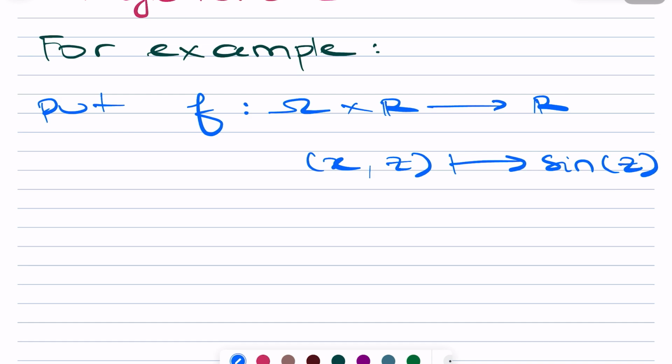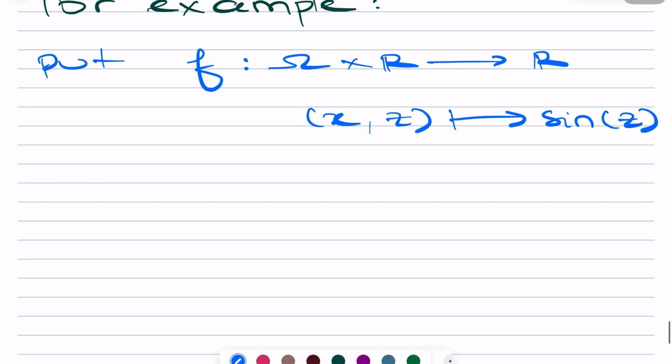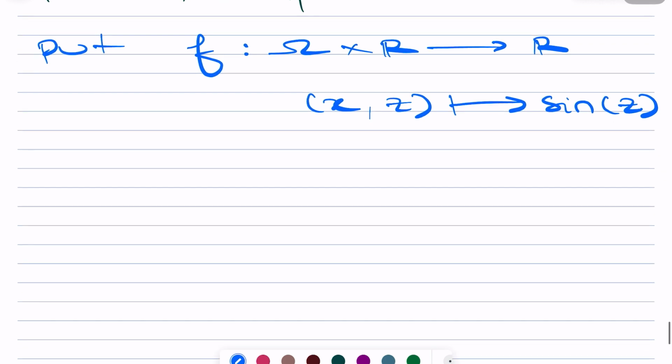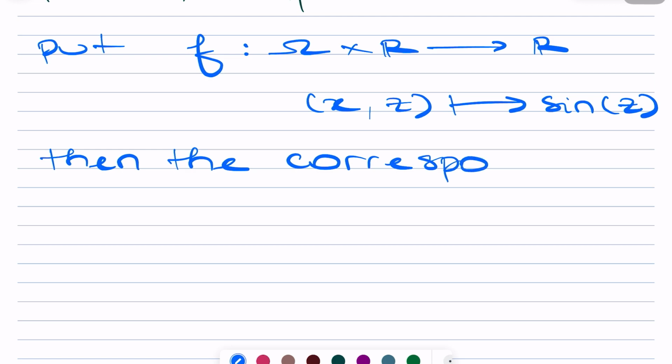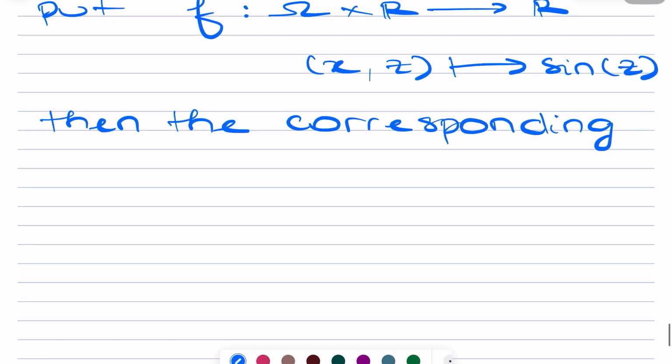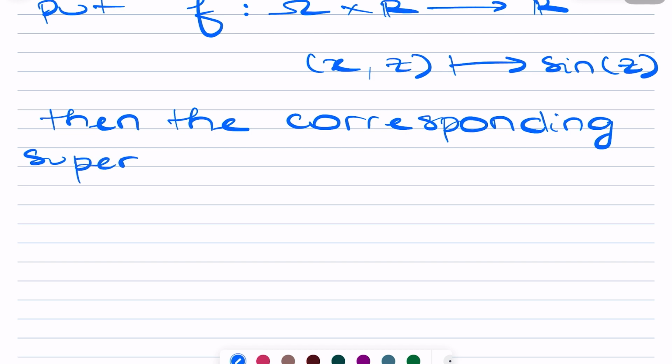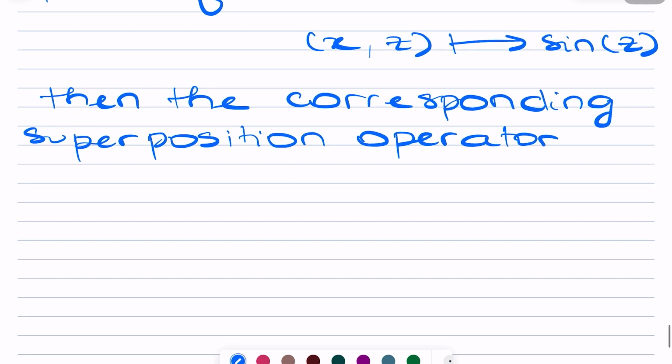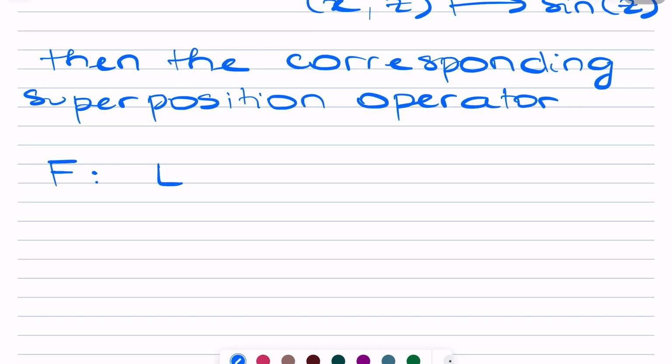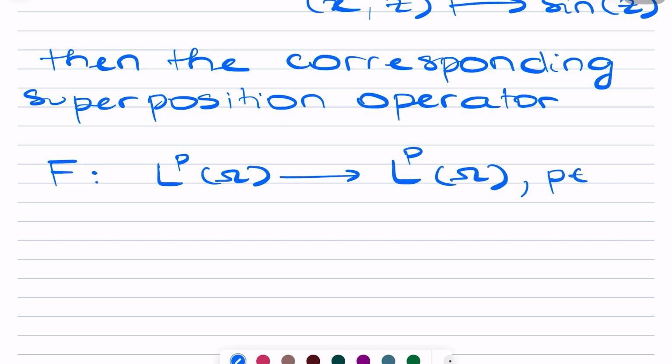So if you have this function here, which is obviously a Caratheodory function, then the corresponding superposition operator will be the function capital F, defined from Lp of omega into, now I chose the codomain to also be Lp of omega intentionally, with p in 1 plus infinity.